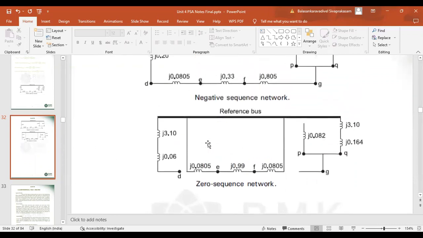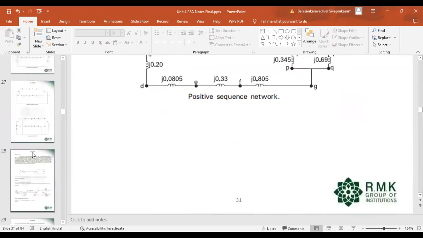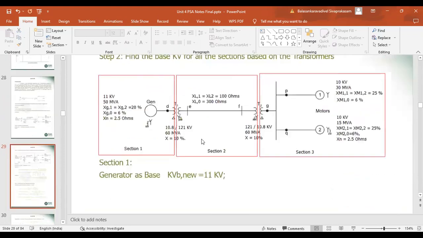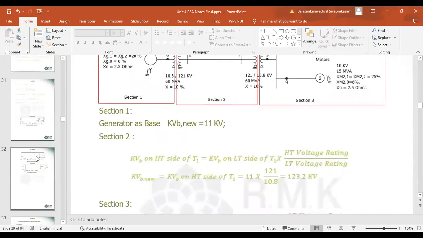And then the secondary of the transformer. The secondary of transformer T1 is star with neutral grounded, and T2 is also star with neutral grounded. In between T1 and T2 there is a transmission line. Since the T1 star is grounded and the T2 star is grounded, the current will be flowing through the transmission line.